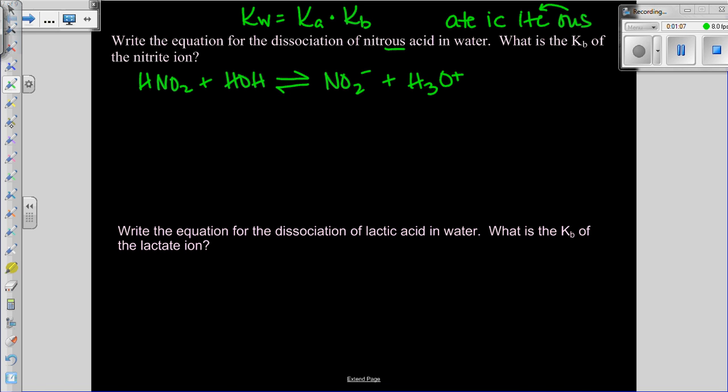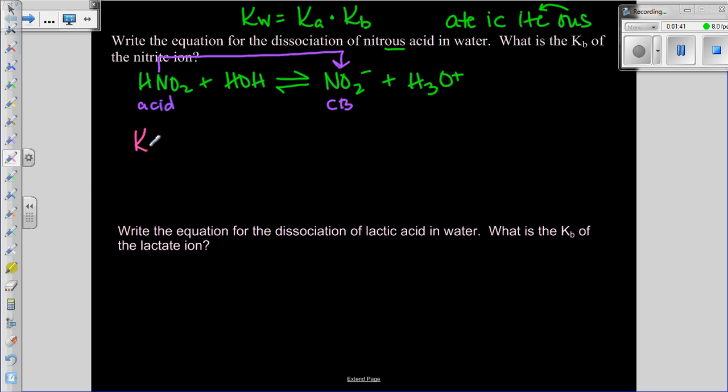Okay, if I'm identifying conjugate acids and bases, nitrous acid is my acid and its conjugate is the nitrite ion. So this relationship up here, Kw equals Ka times Kb, allows me to use the Ka for nitrous acid to find the Kb for the nitrite ion.